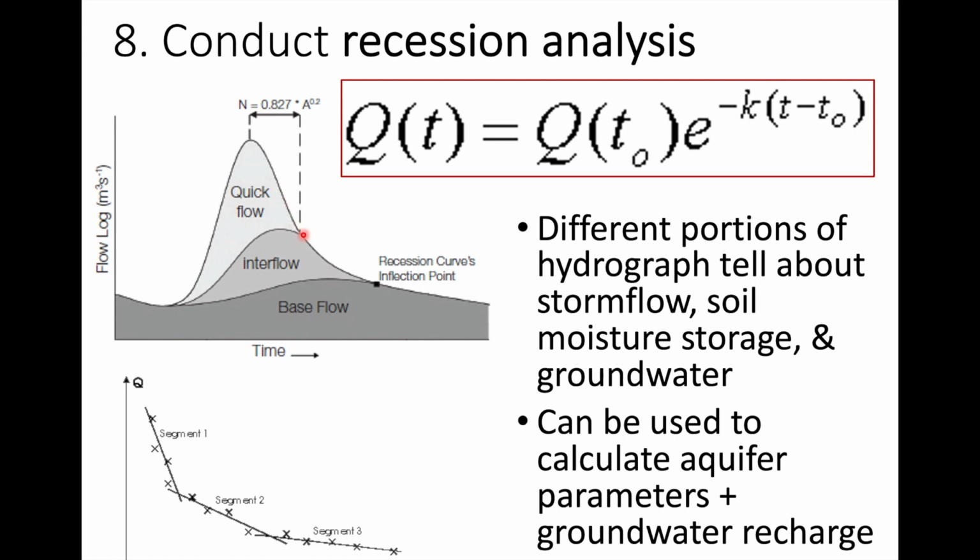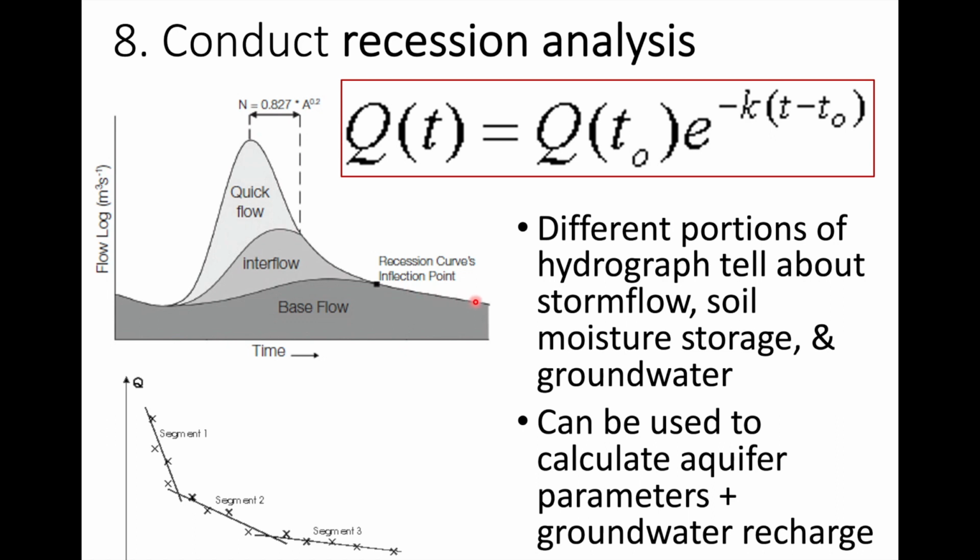Then there's this inflection point, and the hydrograph falls more slowly. They've labeled this interflow, the slower flow paths of subsurface storm flow. Then there's yet another inflection point, and from there it falls even more slowly, and that is base flow supported by groundwater.